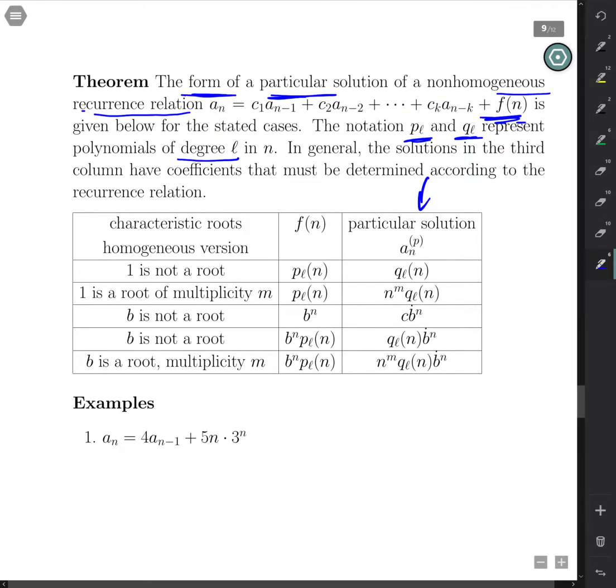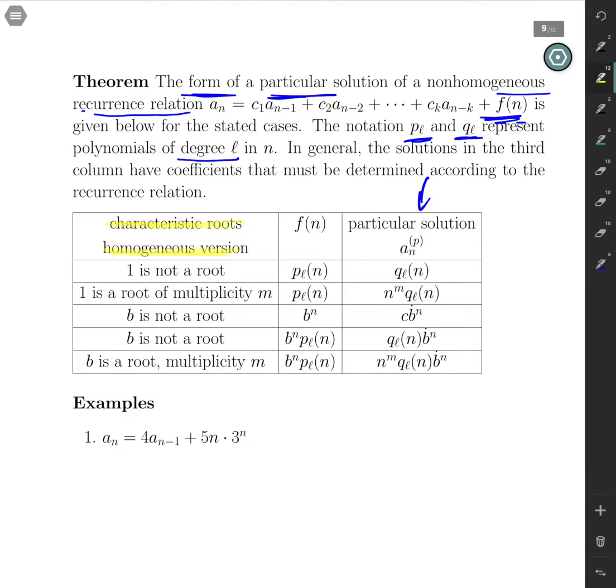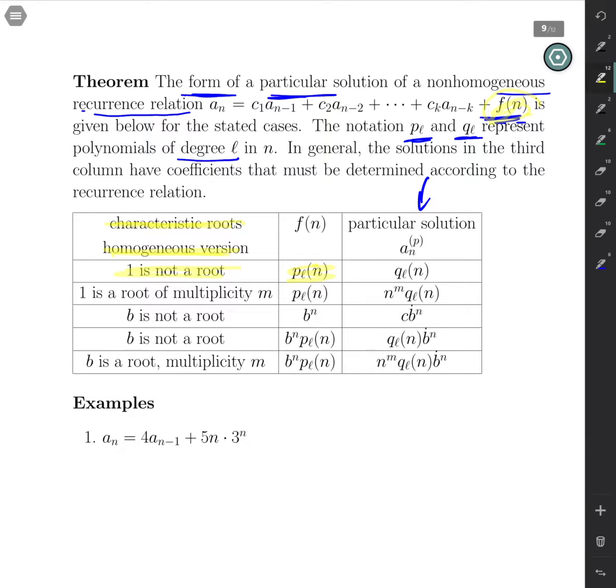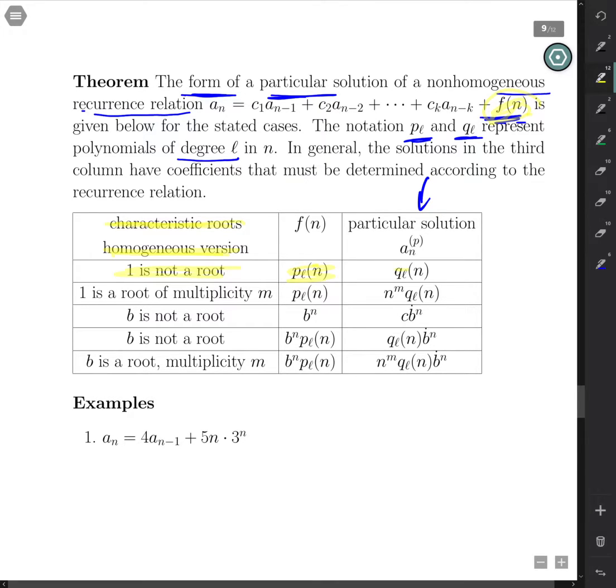This is based on what the characteristic root is, and the first couple of cases we've kind of looked at, and I thought I'd pull them out ahead of time. If one is not a root, and the f sub n above here in our equation, the non-homogeneous part, is a polynomial in n of degree L, that may be a constant or a linear polynomial or higher order, then the particular solution will be a polynomial of degree L as well.